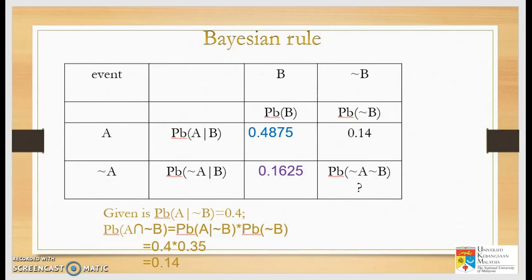Or if it's not given, you can calculate A and not B. Now we want to find the probability of not A after not B. It is given to us that the probability of A and not B is 0.4.